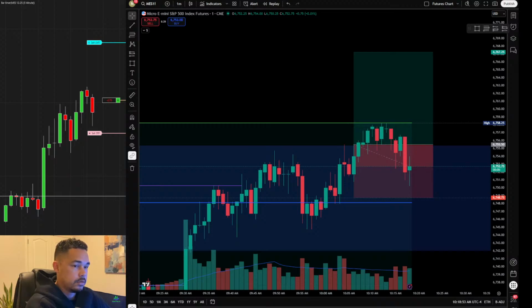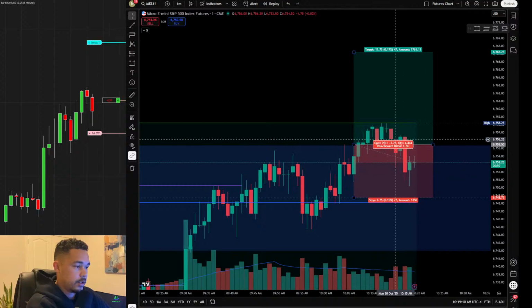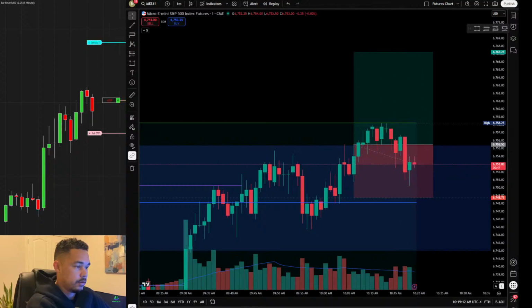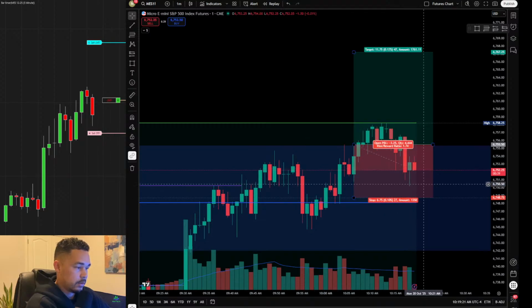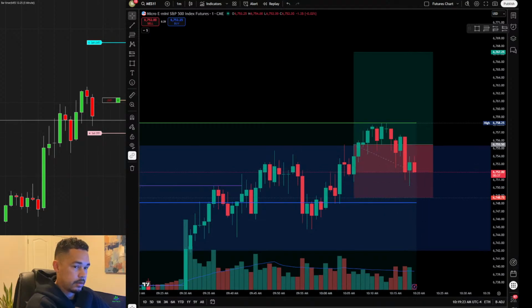Currently down. If we can break past this strong bearish candle, then we have a chance, but if we continue to move down, then I'll probably get out pretty quick.